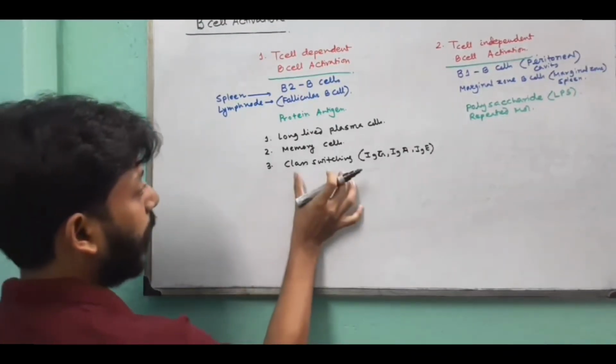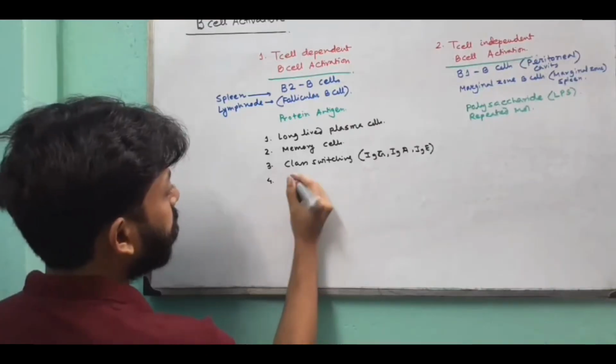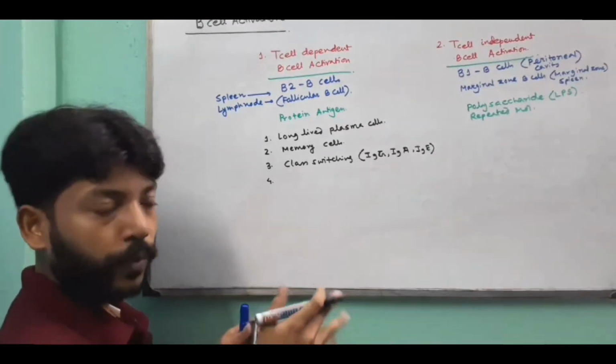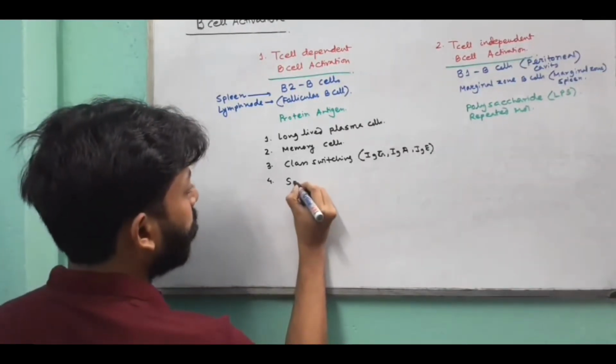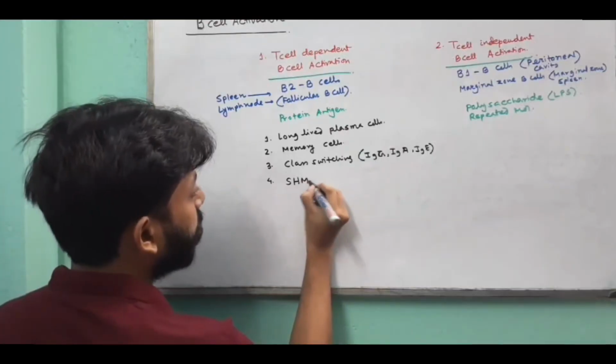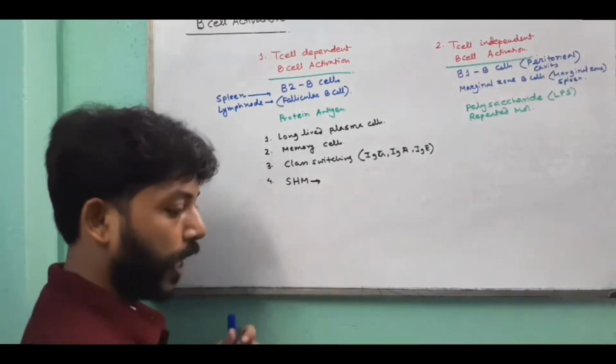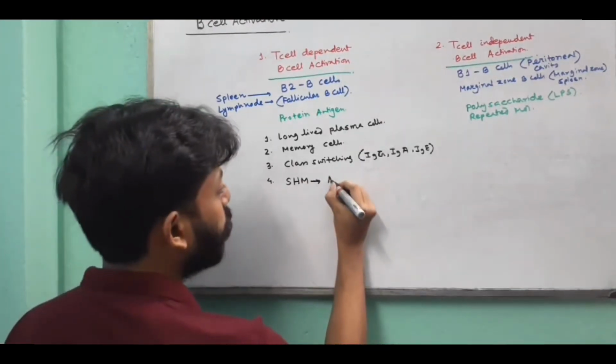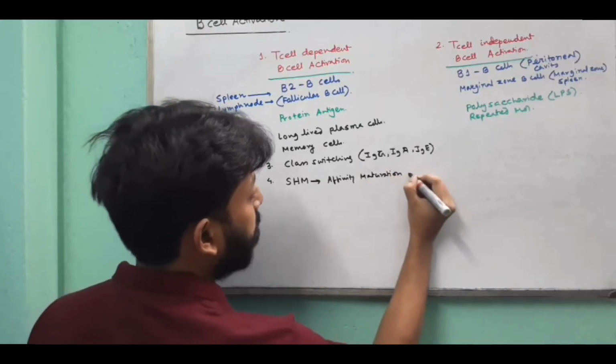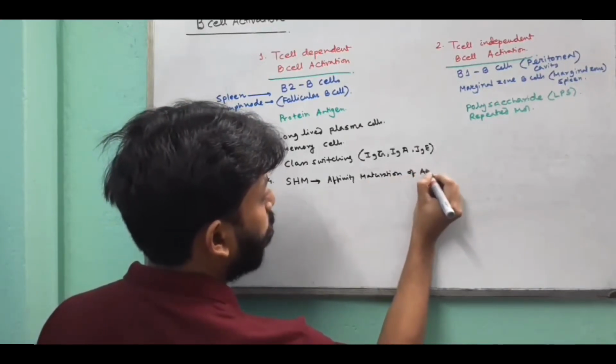And fourth, they go through somatic hypermutation, by which affinity maturation of the antibody occurs.